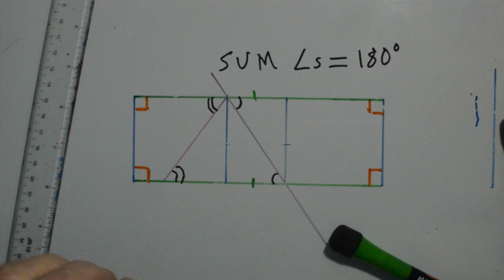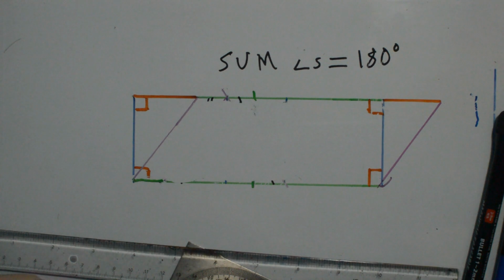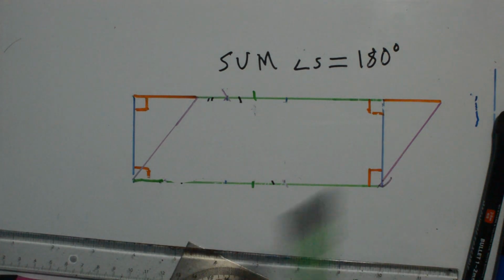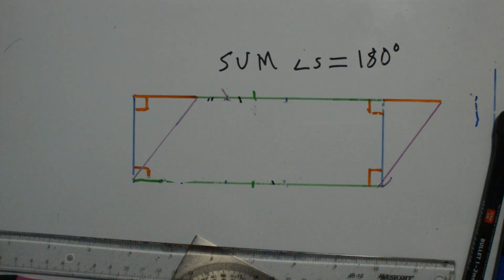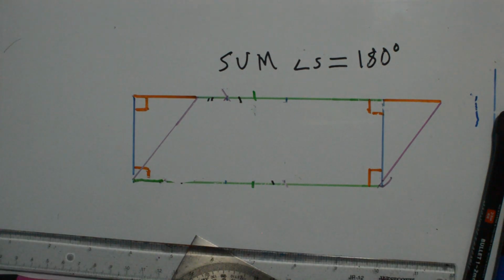Now we're going to go to the next step here, which is we're going to create a parallelogram. Okay, so this angle equals this angle, and because we did it with the angles, this angle equals this angle.